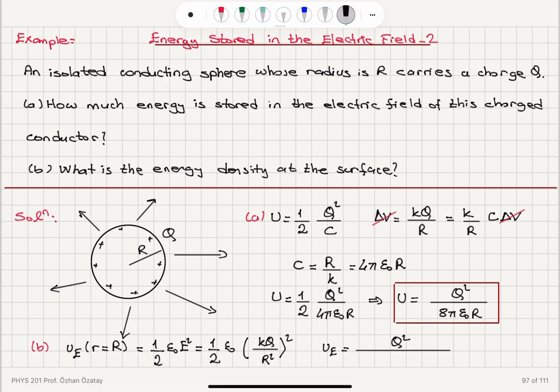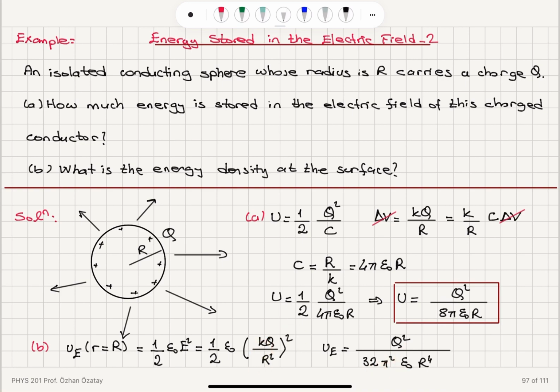Q squared divided by 32 pi squared epsilon 0 capital R to the fourth power. Now you can see that K is 1 over 4 pi epsilon 0. So 4 squared gives us 16 multiplied with 2, 32. Pi, 1 over pi squared.